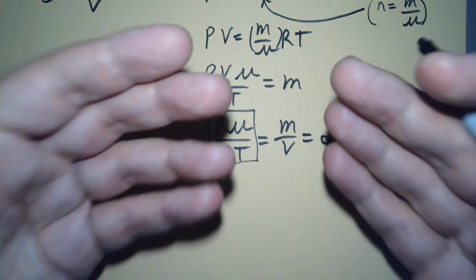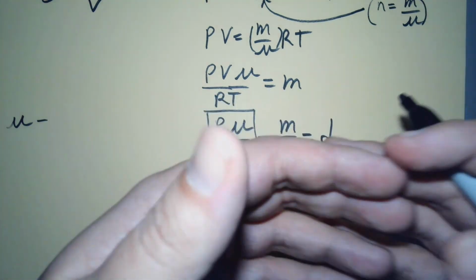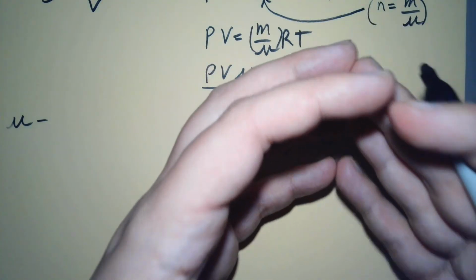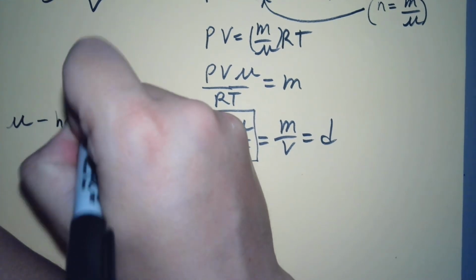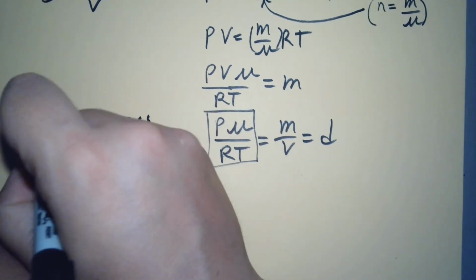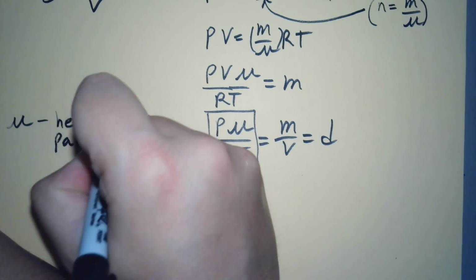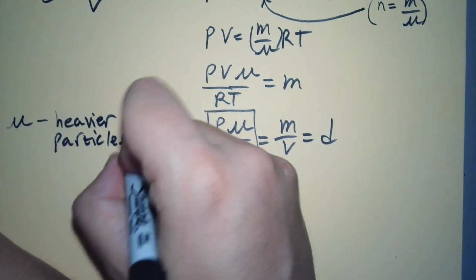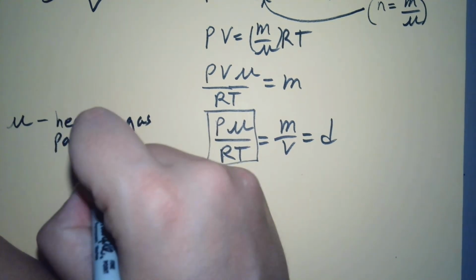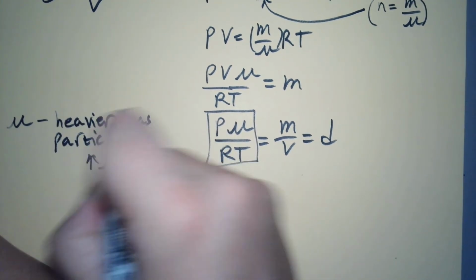So each particle getting heavier gives us a higher density because it's more mass in the same unit of volume. So an increase in mu equals an increase in density.